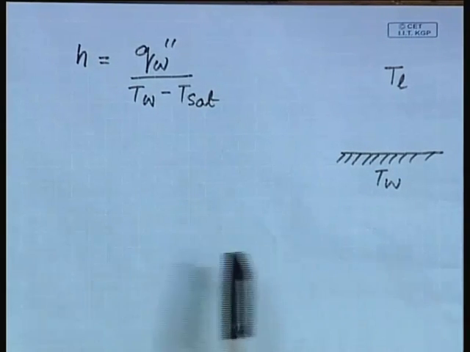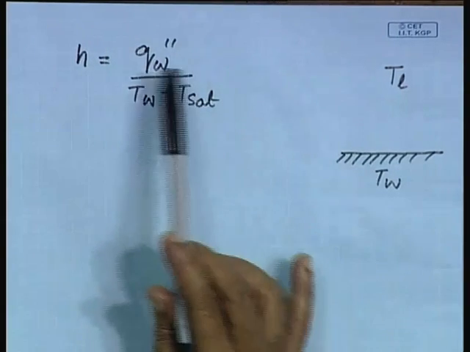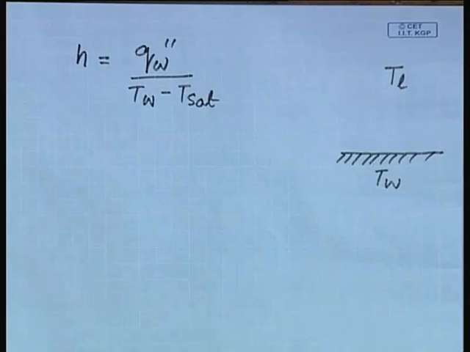That is why in the boiling curve also we have represented it by TW minus Tsat, and in most boiling correlations or models, the delta T will be TW minus Tsat. So, this is how the basic definition of the heat transfer coefficient can be obtained.